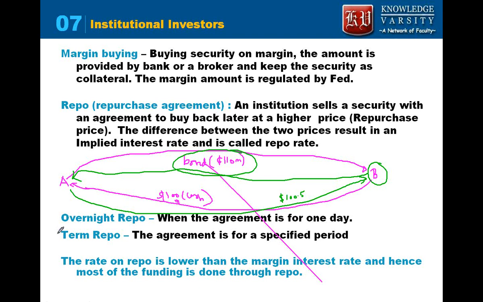If repo is done for overnight, it is called an overnight repo, that is only a 1 day repo. But usually repos can be done for more days, 7 days, 14 days, 1 month, etc. They are called term repo. This agreement is for a specified period of time. Overnight repo and term repo are very much present in the market, and it's a good source of funding for the institutions.